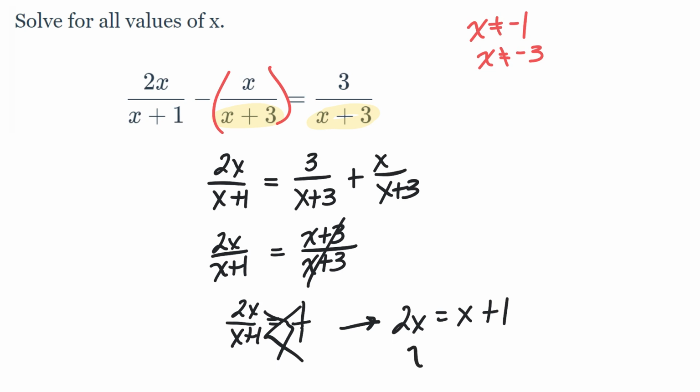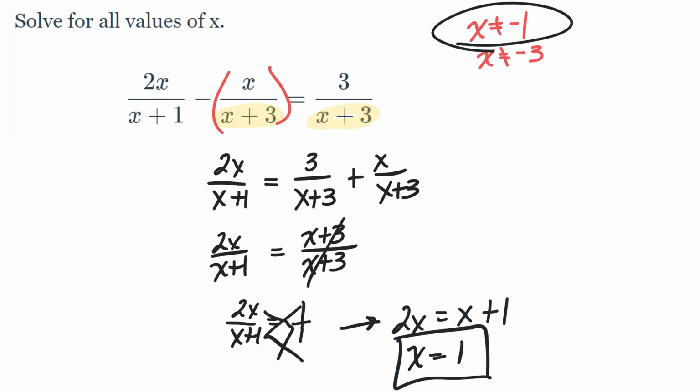We subtract our x from both sides, and x equals 1. 1 is not the excluded value, -1 is, so this is an acceptable answer. If you had not canceled these, you end up getting a quadratic equation with canceling happening, and you actually get a solution of -3, which is an excluded value anyway, but when we canceled it, we eliminated that excluded value as well. So that kind of worked in our favor in multiple ways.